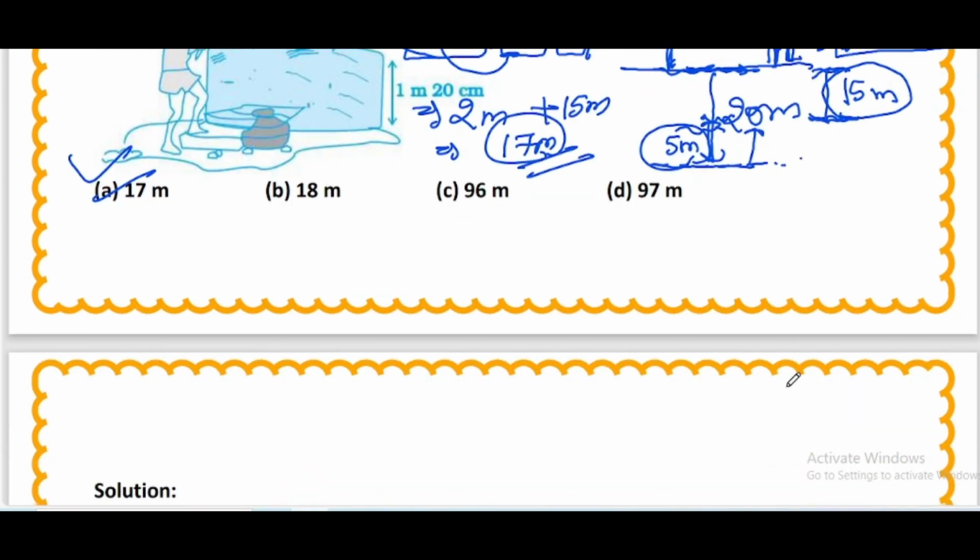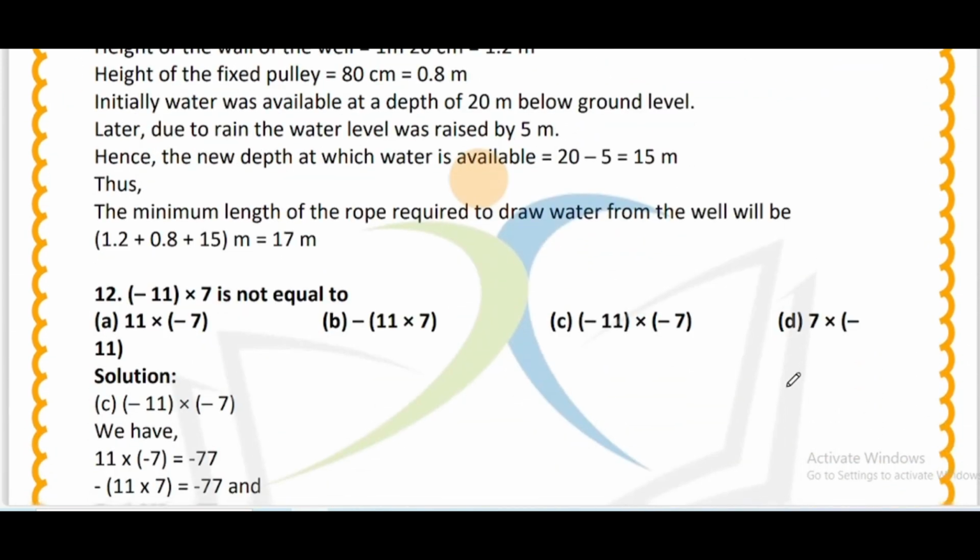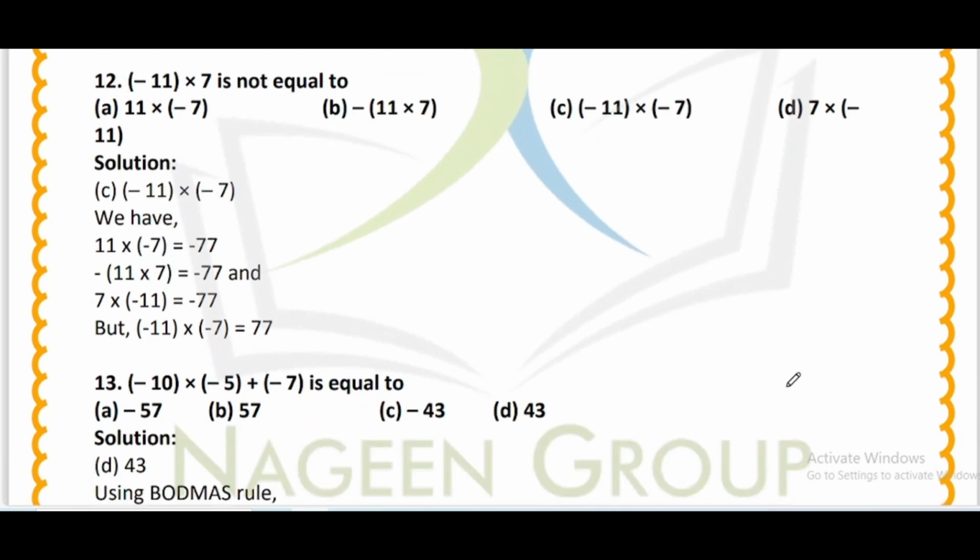Let's see question number 12. Minus 11 into 7 is not equal to, let's see, minus 11 into 7. When we multiply the integers, first we multiply the symbols, minus into plus, that is minus.